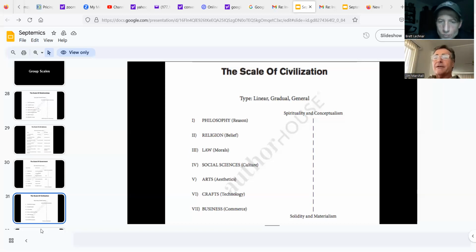Then below that, you have crafts. Now, crafts means technology. Being a shoemaker, being a pottery maker, being an architect. These are crafts, and this develops after the arts.